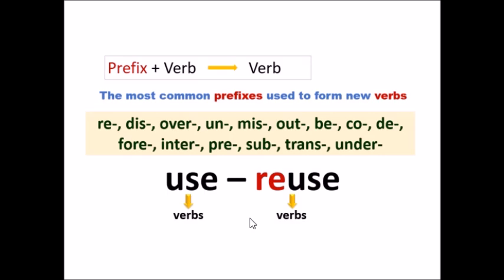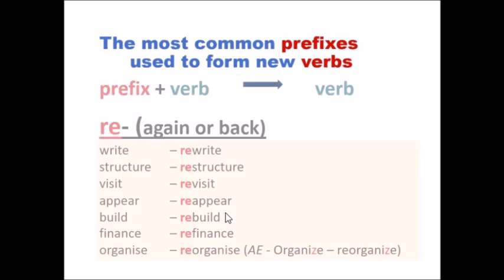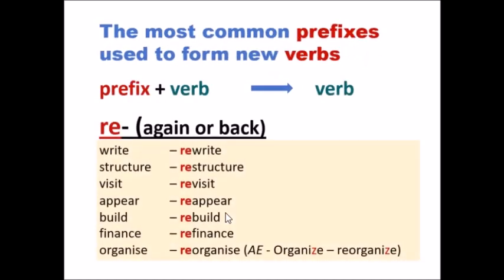Okay. Now, here we are going to see examples for all these verb prefixes. Let's move to the next prefix. It's re. Re means do again or back. Write, rewrite. Structure, restructure.